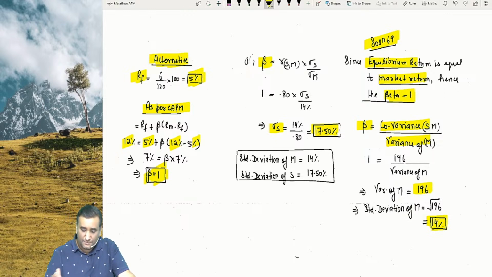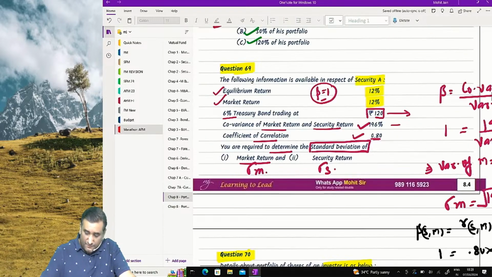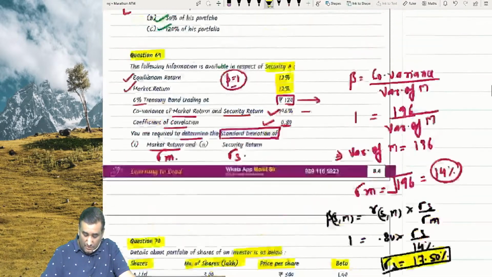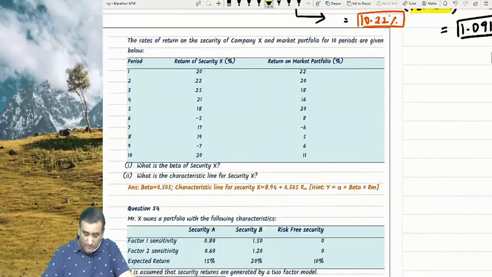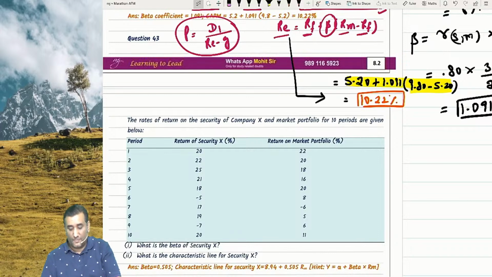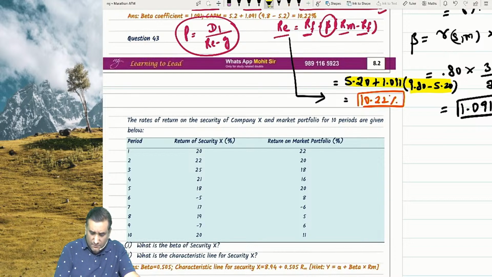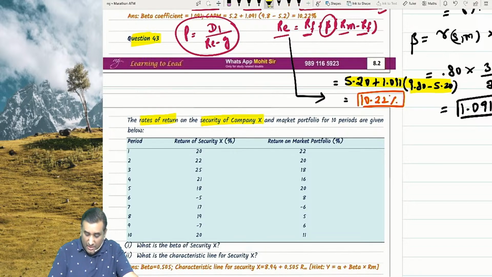Let me go back. Question number 43. The rates of return on security of a company X and market portfolio for 10 periods are given below.